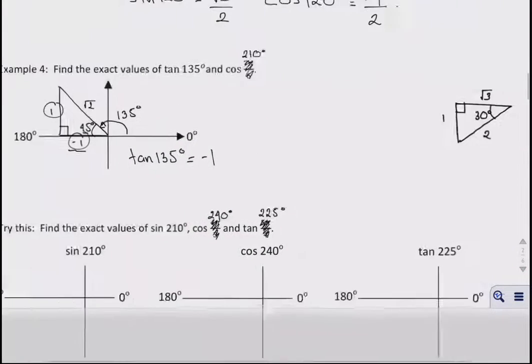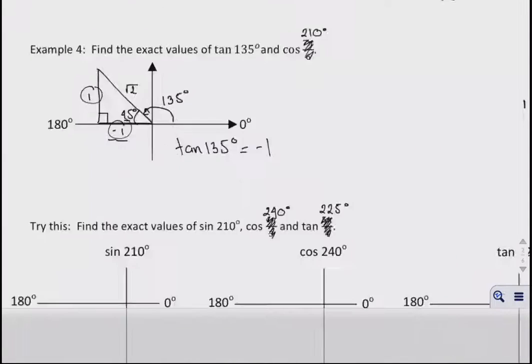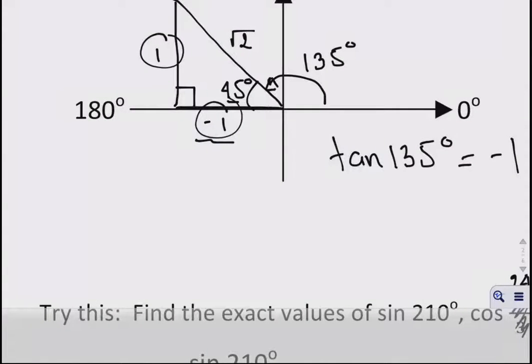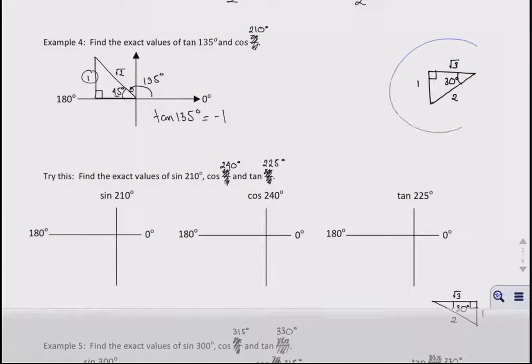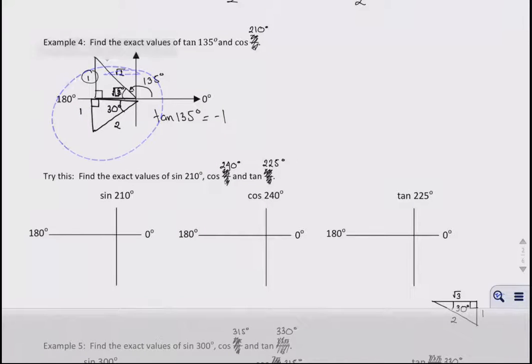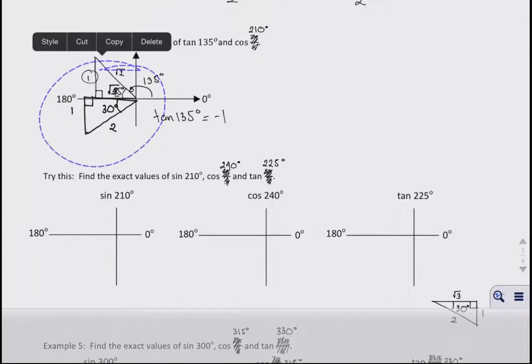Now for cosine of 210, well, 210 degrees is going to lie 180 plus 30. It's going to be somewhere down here. Okay? So let me just clear up my picture a bit, because what I'm going to be doing is I'll bring into the picture my 30, 60, 90 triangle. This way I can see my angle of 210 degrees.